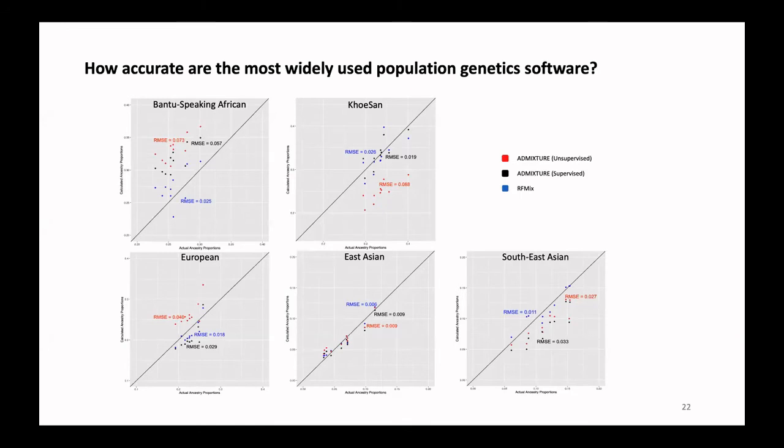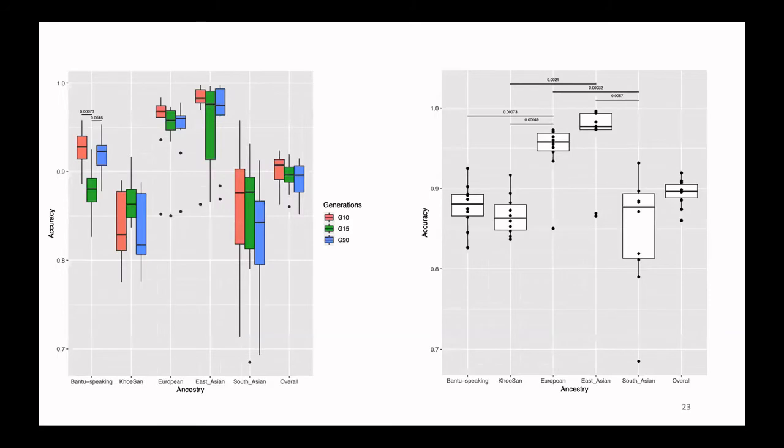You can see from these correlation plots that RFMix performs better when it comes to global ancestry estimation. It is also pretty robust if you give it misinformation.